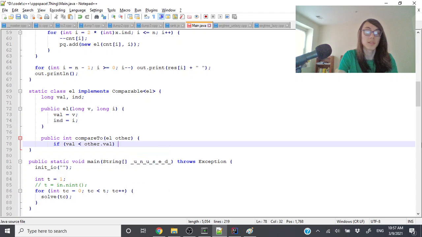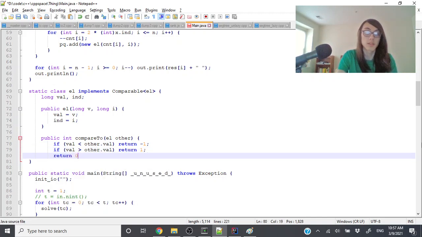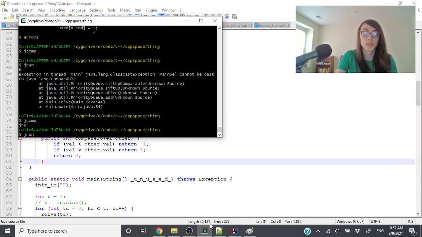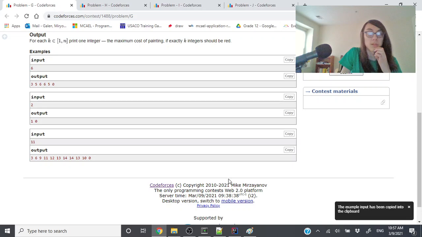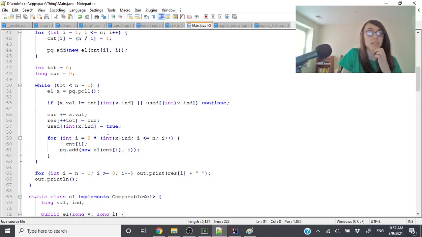So let's see, if val is less than other dot val, return -1. If val is greater than other dot val, return 1, return 0. Okay, that, something is up with that.